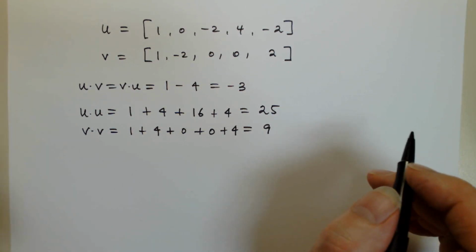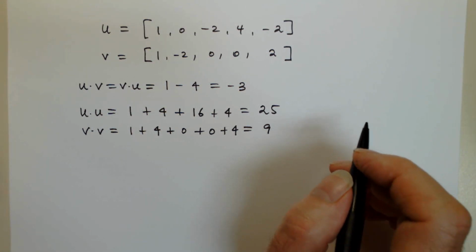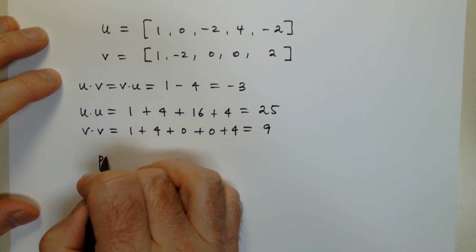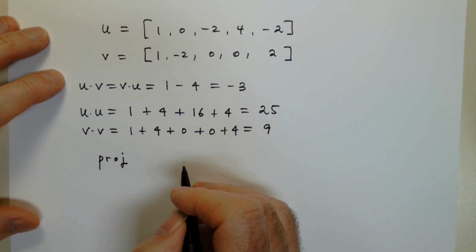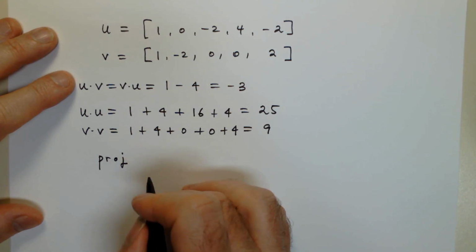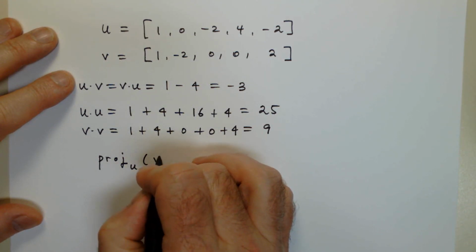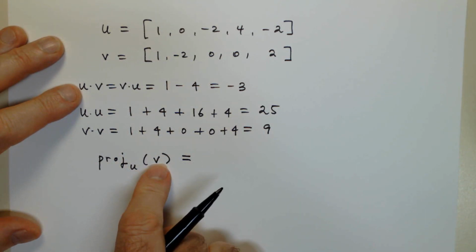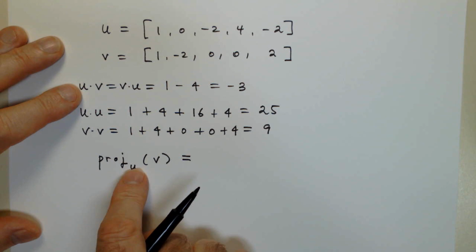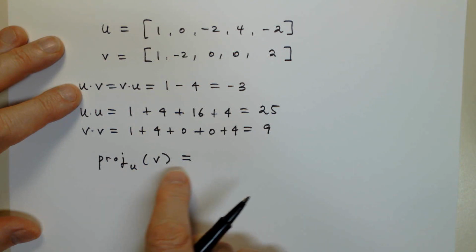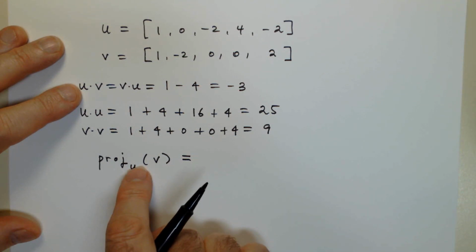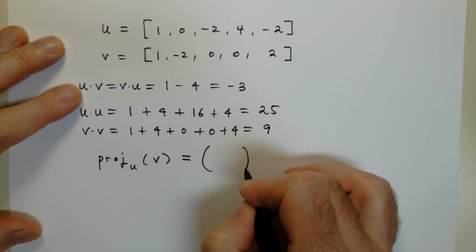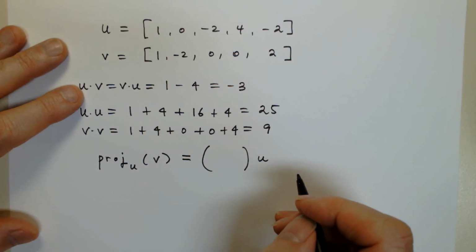Now I just need to put these together in the right order. So if I want to calculate the projection onto u of the vector v, now what I'm thinking is that this is the vector that's casting the shadow, and it's casting it onto this vector. So we're looking for a multiple of the vector u. So this is going to be some scalar times that vector u.